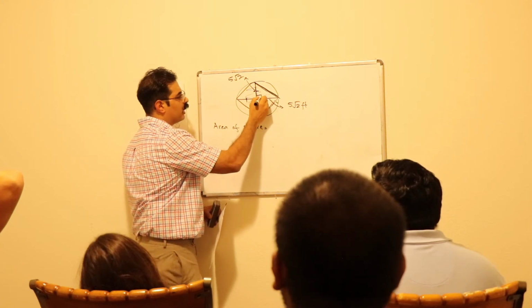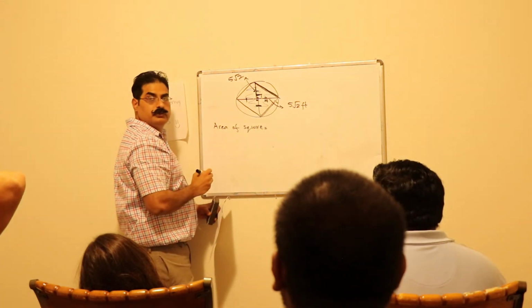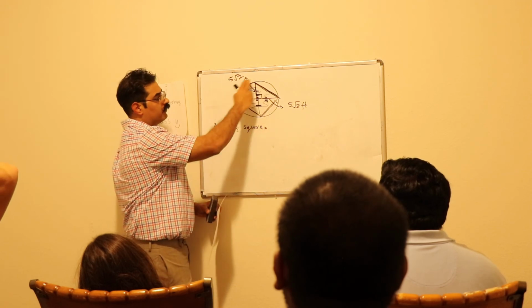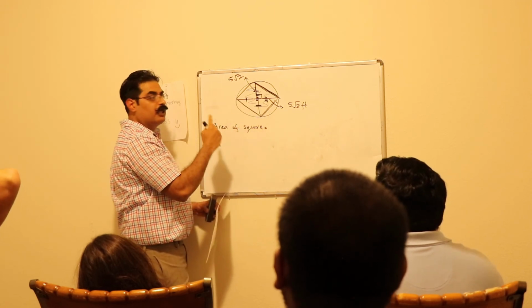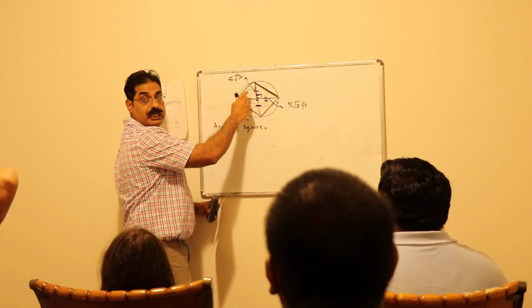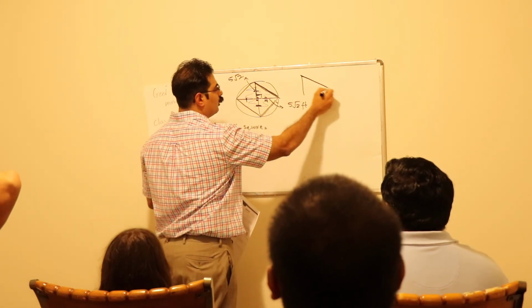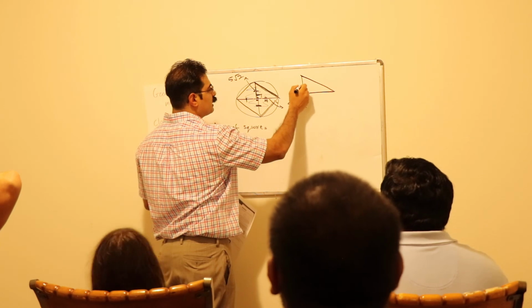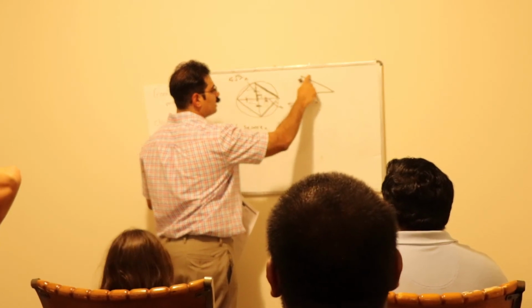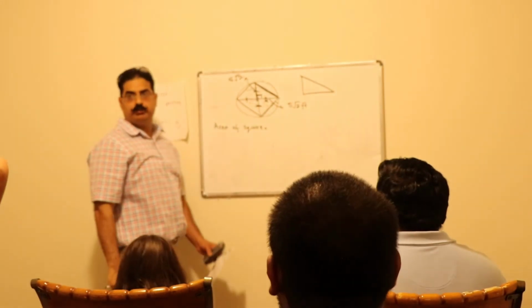Well, this is a triangle that is being formed. It is a right triangle, because if this is a square, the diagonals intersect at right angles. Now this is a right triangle. If I know this side and I know this side, can I find this side? Yes, the Pythagorean theorem.